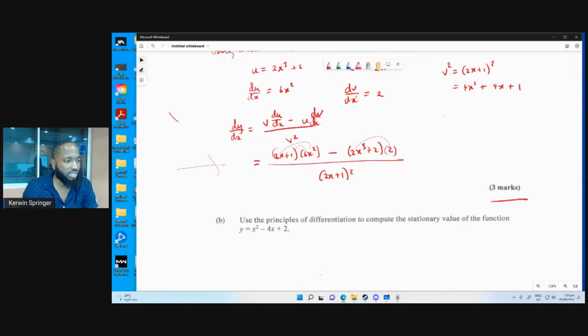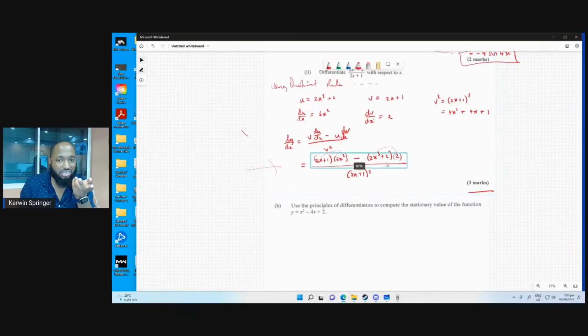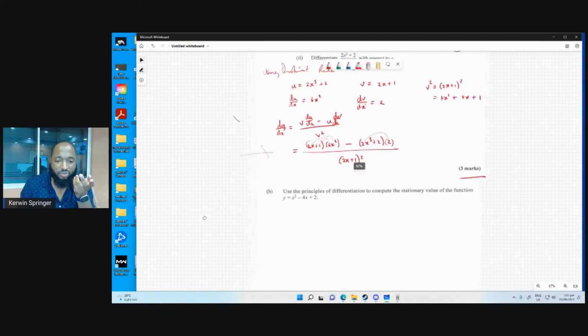Nothing happening with it. That's the right idea. So you can simplify this by expanding, but technically, if they take marks away for that, it is slackness.